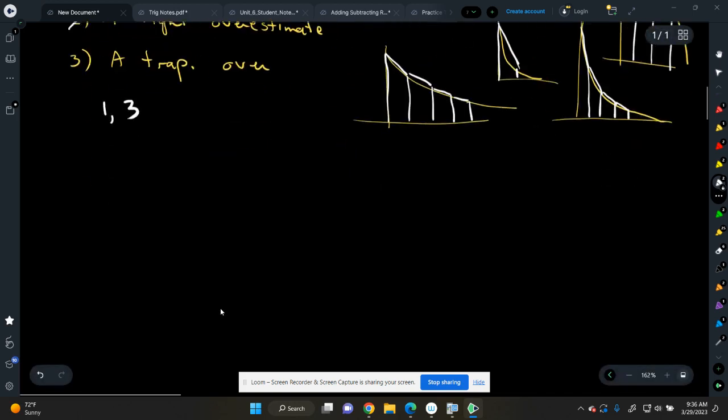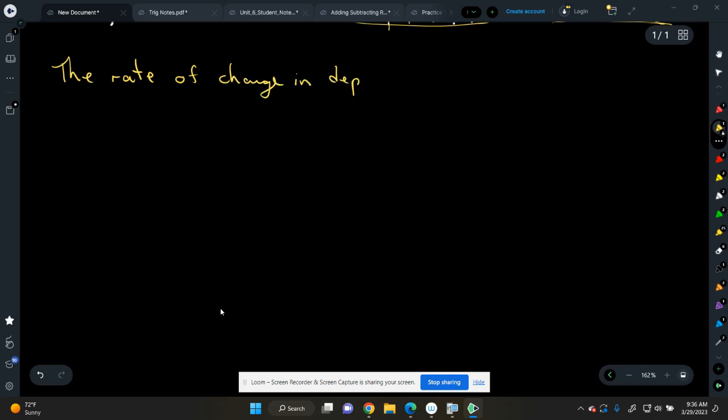Next one. The rate of change in the depth of a reservoir. Okay, again, please copy these down. The rate of change in the depth of a reservoir, how do you spell reservoir?